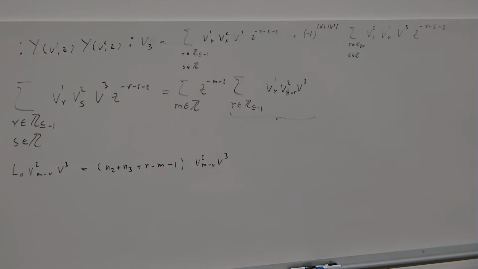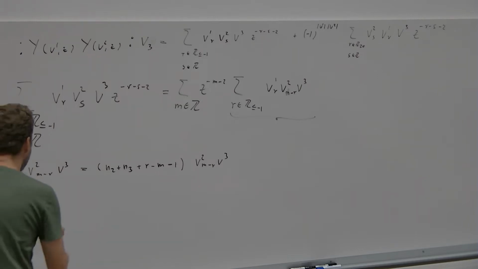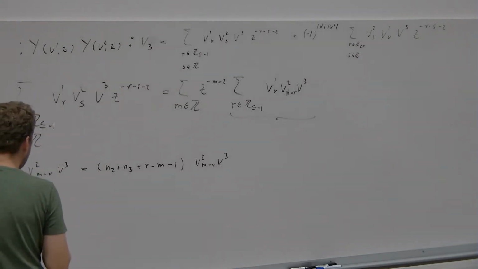Do you know something about the degree of this V sub something? I mean, how do you do this computation? This one here? Yes. Well, I can. You know something about the commutator? Yeah.